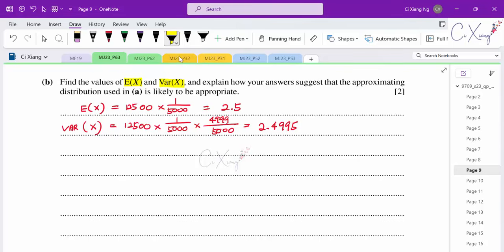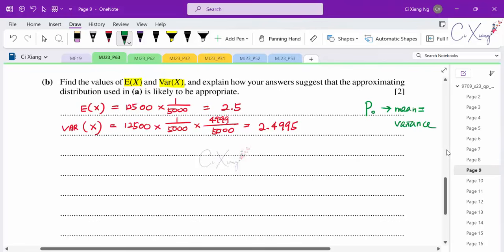And then they are asking why we can change binomial to Poisson in this case. What actually makes it possible? What is the special characteristic of Poisson? For Poisson, the mean, lambda, and the variance should have the same value. So for this question, you can compare the mean and the variance.